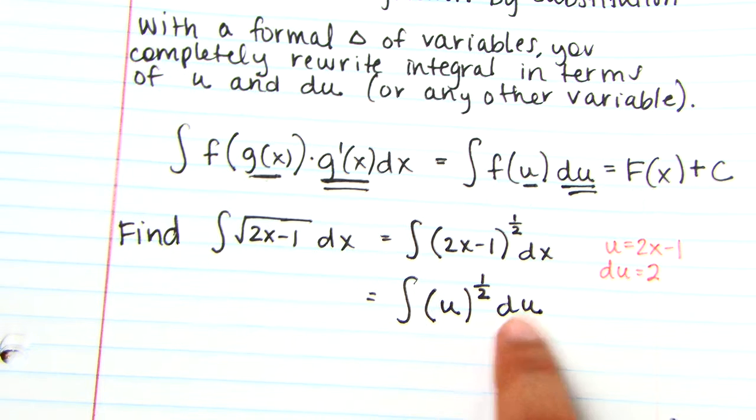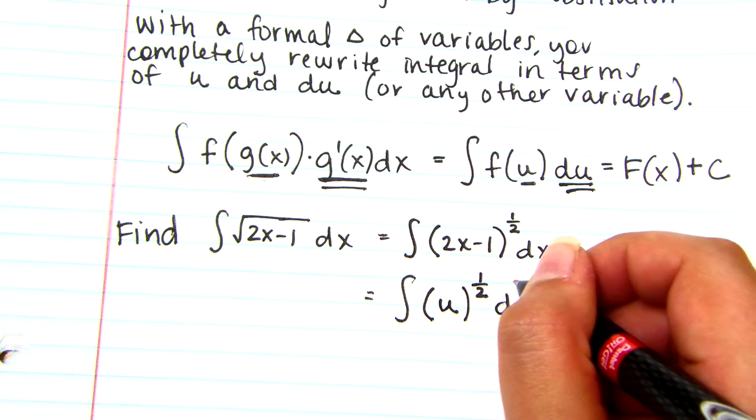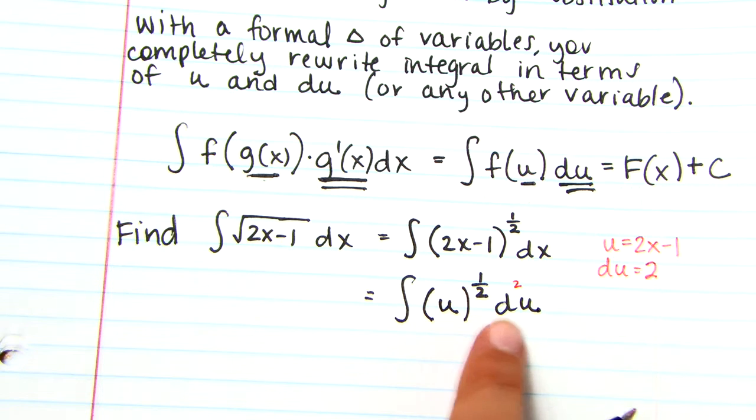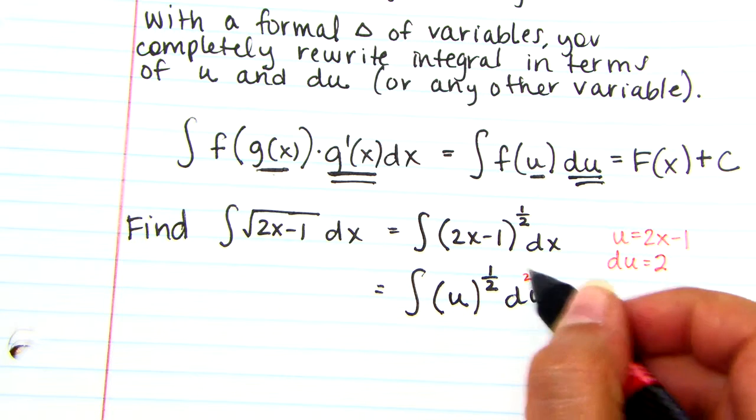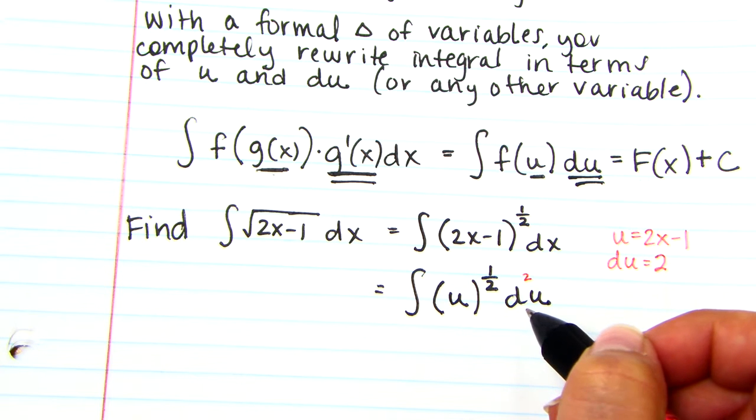So I can't just put a 2 here without changing the value of this integral. So what I'm going to need to do is, if I'm going to multiply this by 2, I need to make it feel like I'm really multiplying by 1.